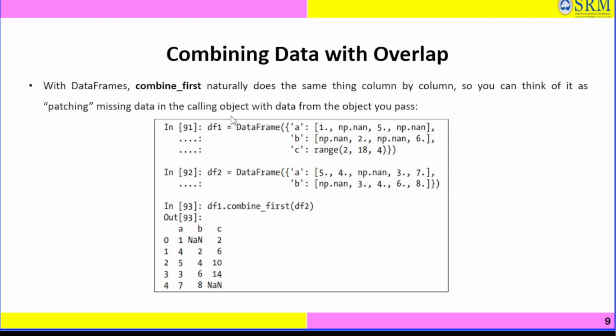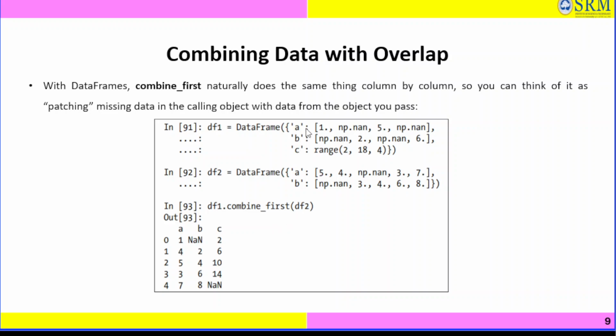So here we have created df1 with A, B, C and df2 with A and B. We are using the function df1 dot combine first of df2. That means I need to take the value from the first data frame, and if the value is not there in the first data frame, I can patch the values from the second data frame. That is the meaning of this function.